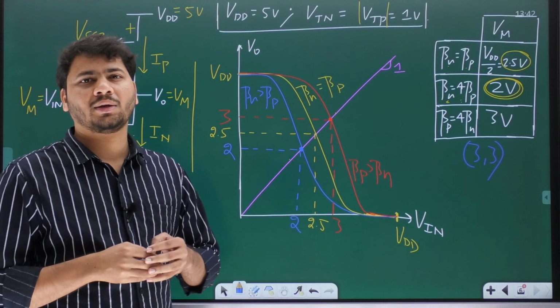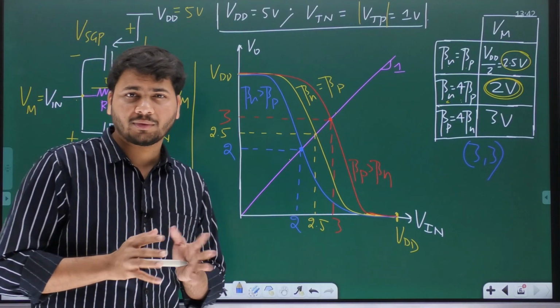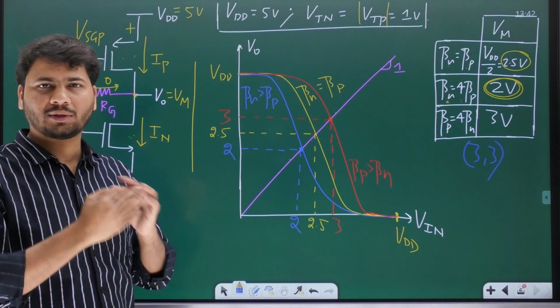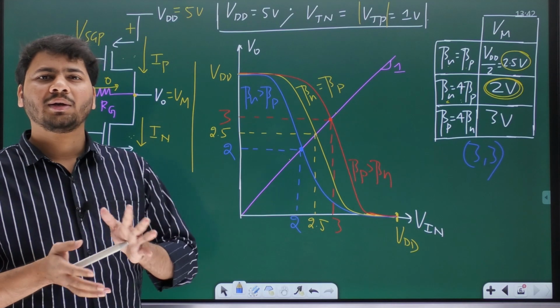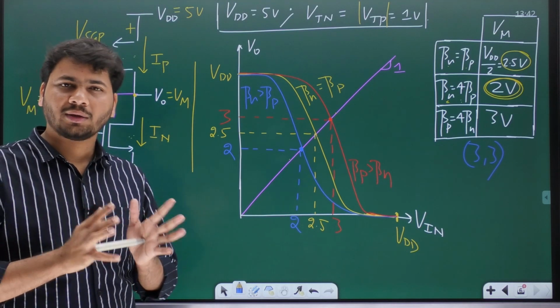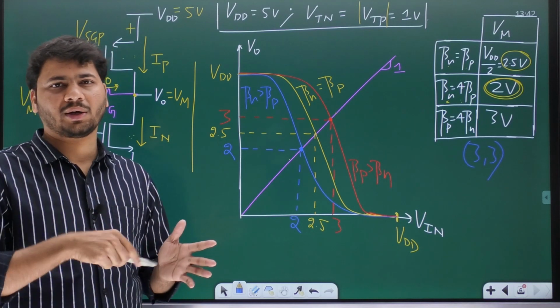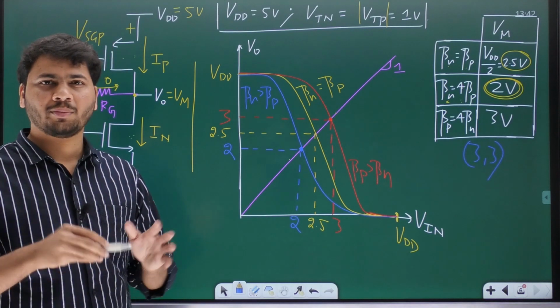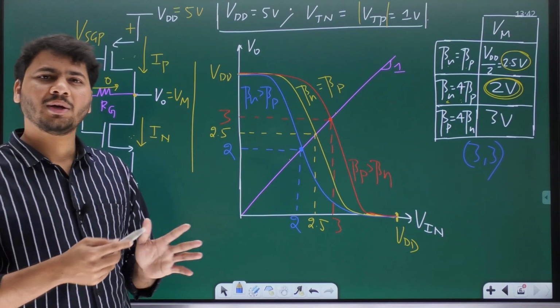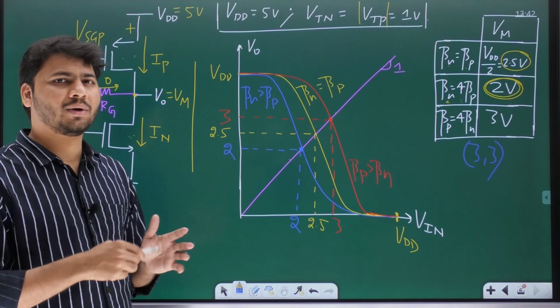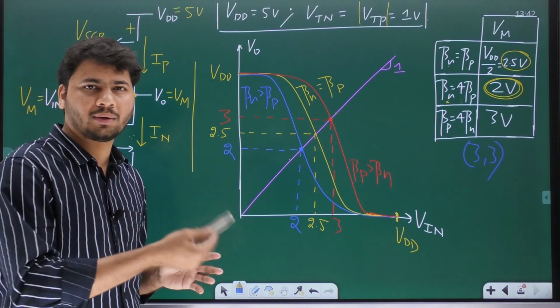Or I can also say, if you just increase the strength of the NMOS transistor, then the VTC from its initial position will get shifted to the left. Or if you just increase the strength of the PMOS transistor, then the VTC from its initial position will get shifted to the right. Make NMOS stronger than before, VTC gets shifted to the left. Make PMOS stronger than before, VTC will get shifted to the right.